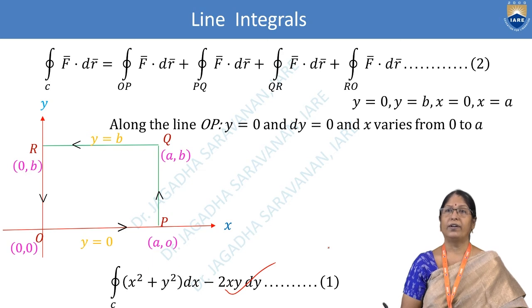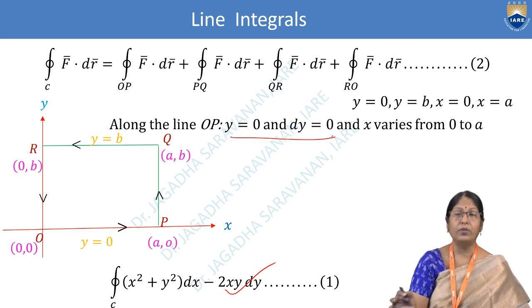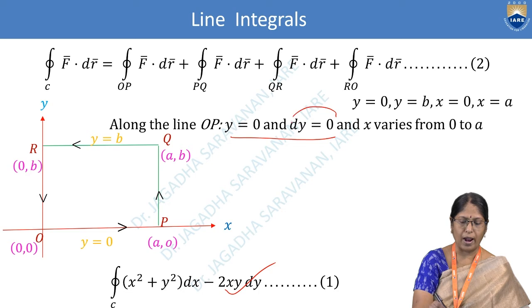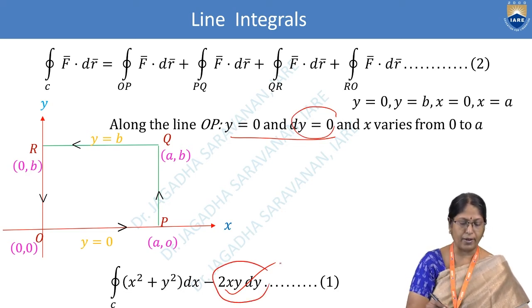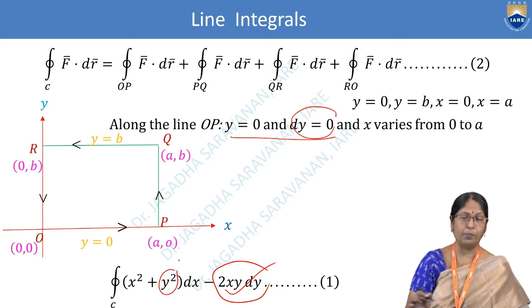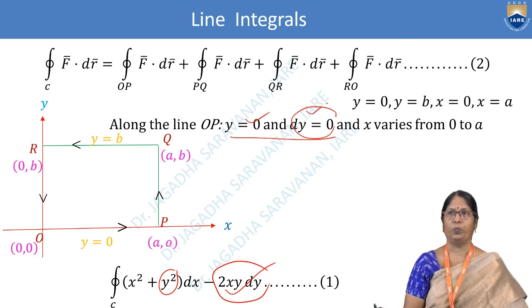Initially we found F dot dr. In this, we are going to substitute y equal to 0 and dy equal to 0. So this complete part becomes 0, and this part also becomes 0 when we substitute these two.